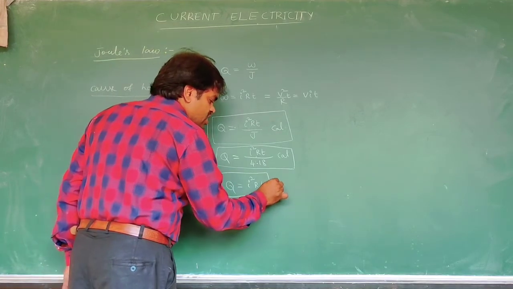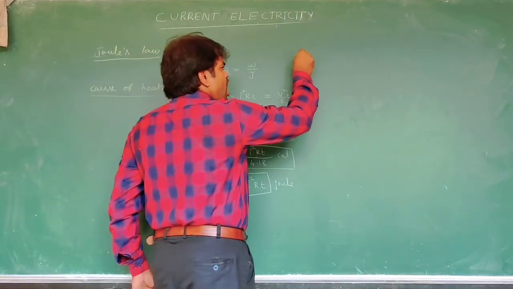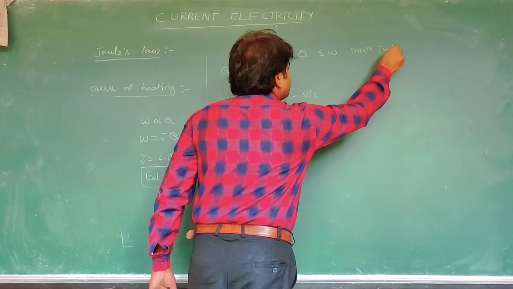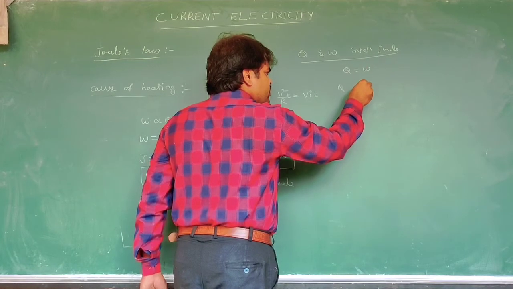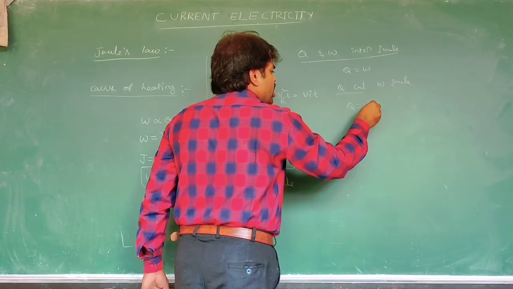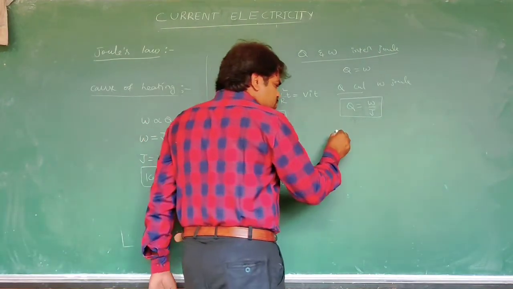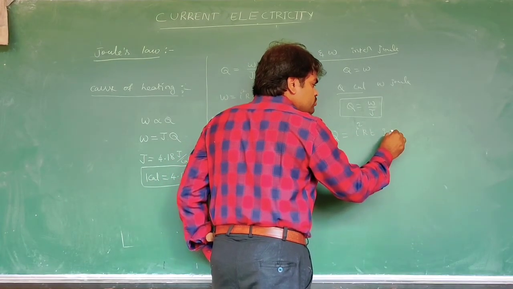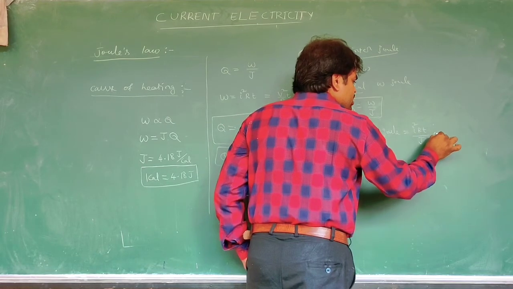That means Q and W are expressed in terms of Joule, so Q is equal to W. If Q is expressed in terms of calorie and W is expressed in terms of Joule, then Q is equal to W by J. That means we can express Q as I square RT in terms of Joule, or I square RT by J in terms of calorie.